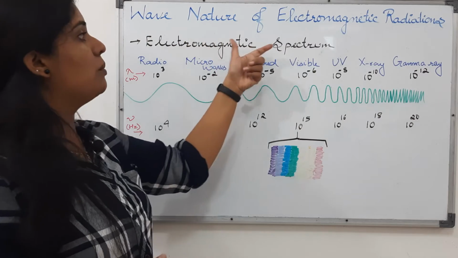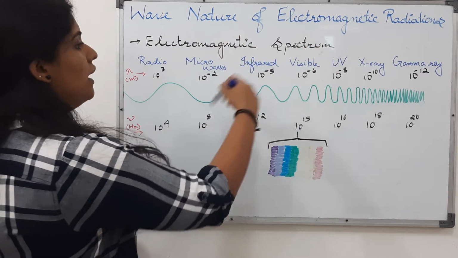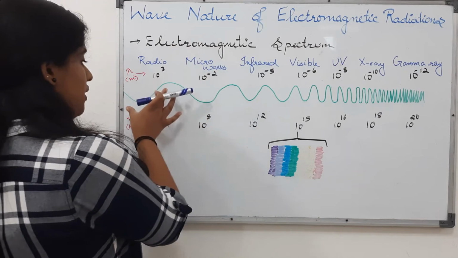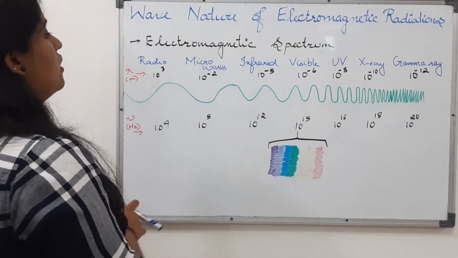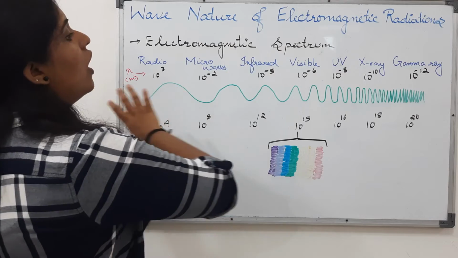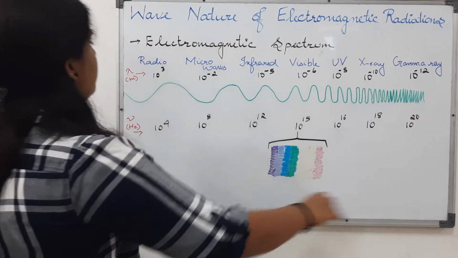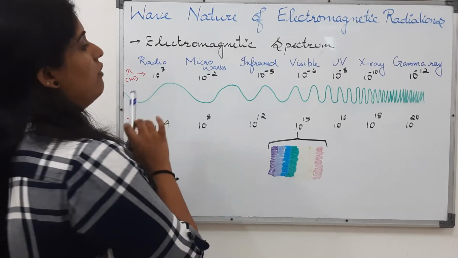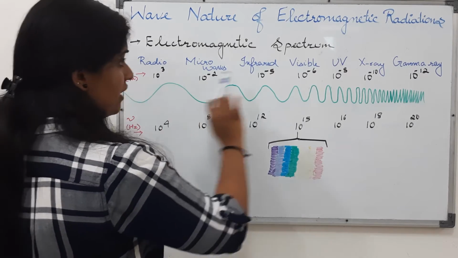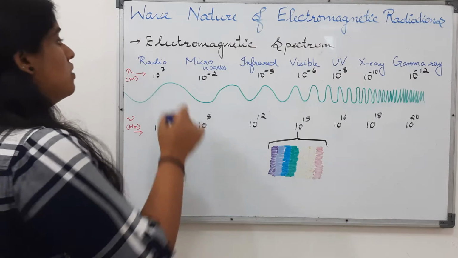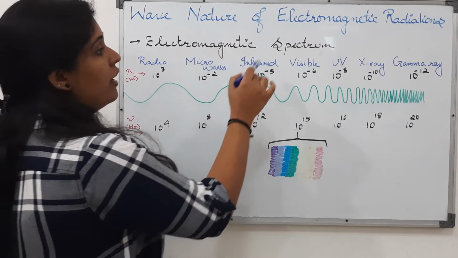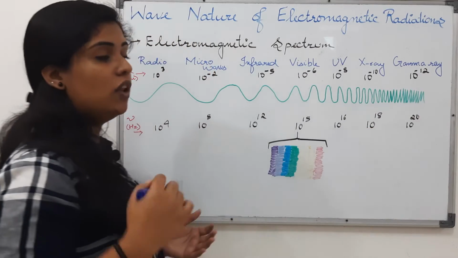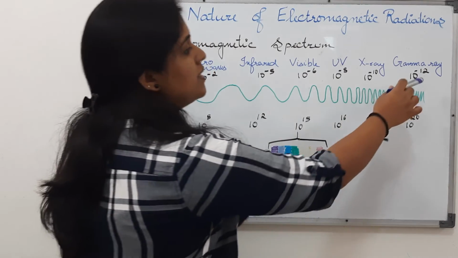So the electromagnetic wave coming out of a charged particle can have different wavelengths or frequencies, and correspondingly I can have a whole spectrum like this. In decreasing order of wavelength, it goes from radio waves, micro, infrared, visible, ultraviolet, X-rays, and lastly the lowest wavelength ones, gamma rays.